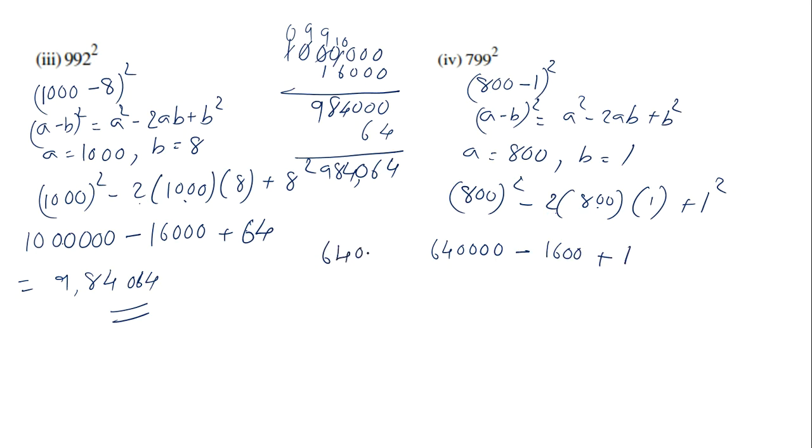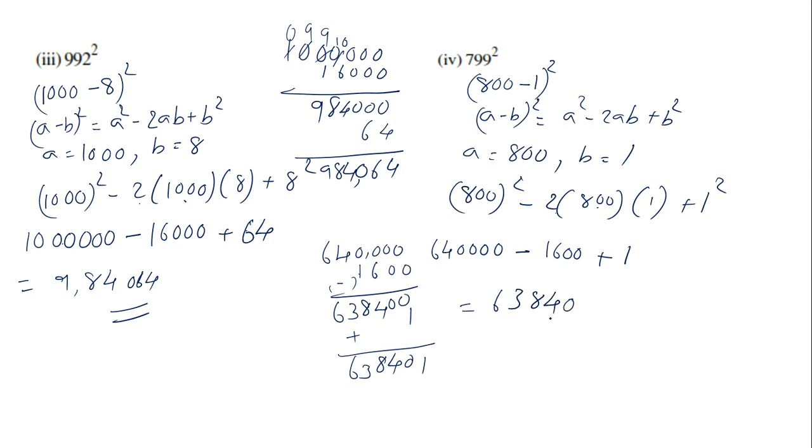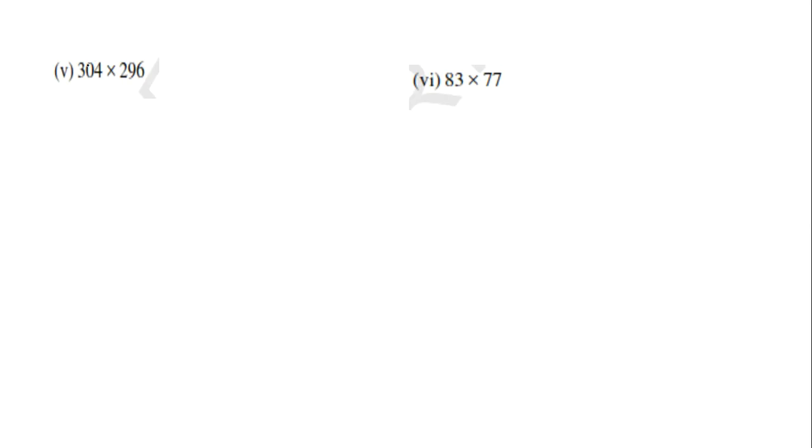So you have to do this again: 6,40,000 minus 1600. This is subtraction, okay. 10 minus 6, 4, 9 minus 1, 8, 4 becomes 3. So this is equal to 6,38,401, is the answer.